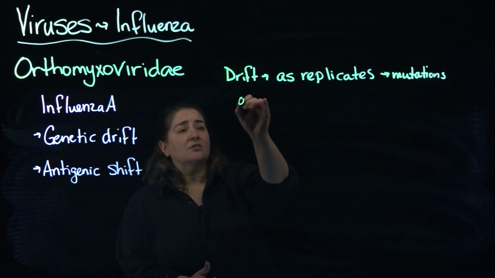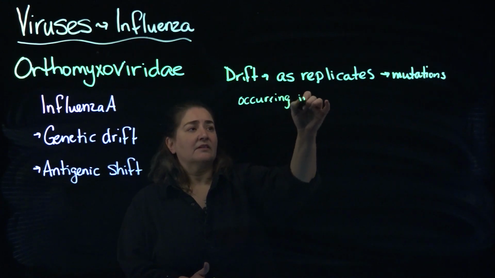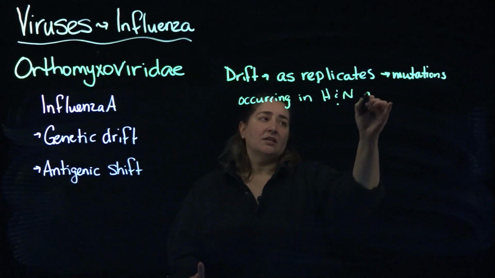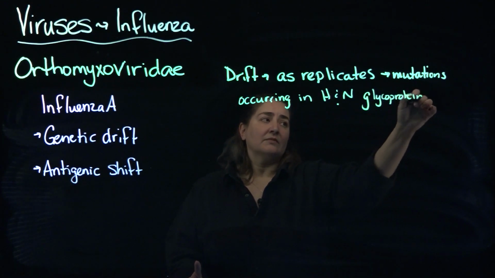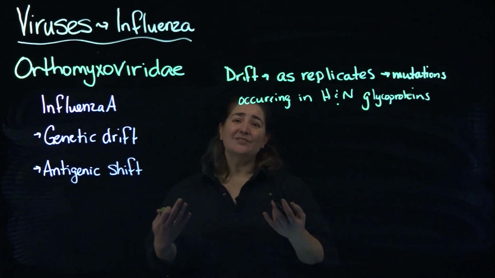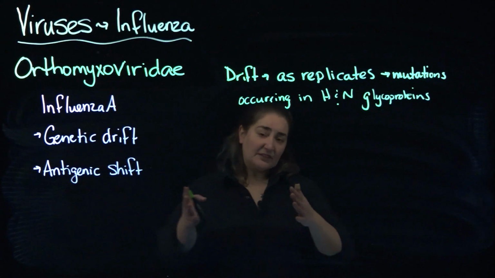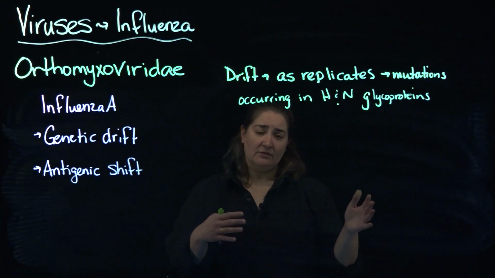And the mutations are occurring in those H and N glycoproteins. So what happens is they're a little bit different, all right? And that small change is referred to as genetic drift in the virus.